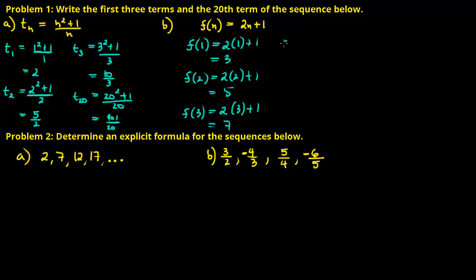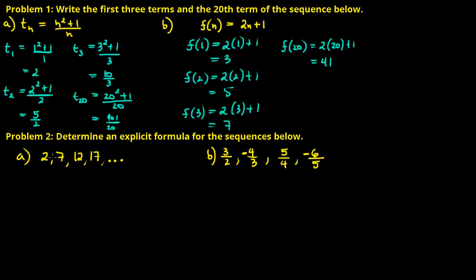And then f of 20 would be equal to 2 times 20 plus 1, which is 40 plus 1, which is 41. So in this sequence, the first term is 3, the second term is 5, the third term is 7, and the 20th term is 41.